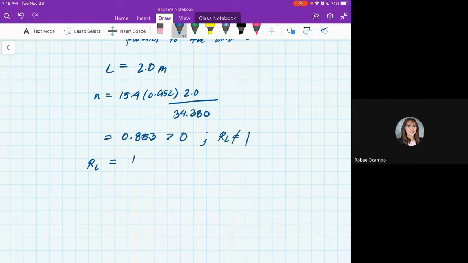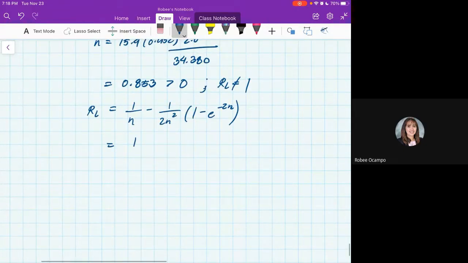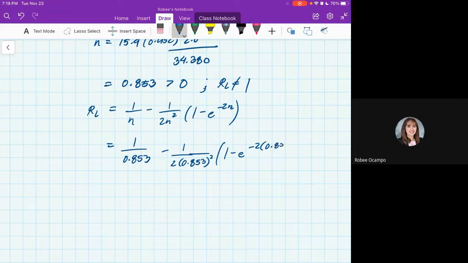So, our RL will be 1 over 0.853 minus 1 over 2 times 0.853 squared times 1 minus e raised to negative 2 times 0.853.